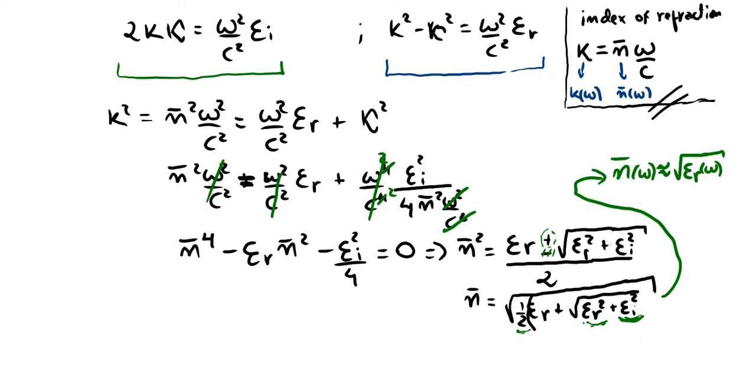So if I know the real part of this thing, I now can have an estimate of the index of refraction of the system. And finally, for the absorption, I will get the absorption from this equation here. What I'm going to do is rewrite 2k kappa as 2 n bar of omega, right?